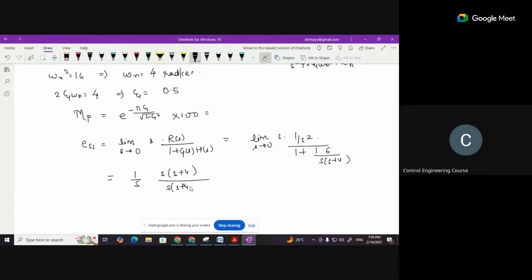It is 4 by 16, that is 1 by 4. And what is the peak overshoot you are getting? Have you calculated this? Anyone? e to the power minus 0.5 pi divided by root 1 minus 0.5 square, into 100. Please tell the answer, how much you're getting.